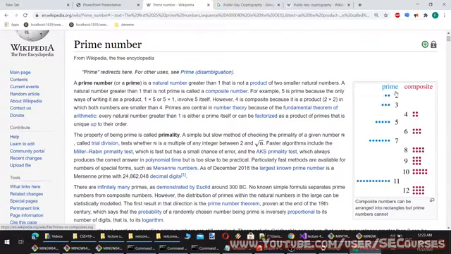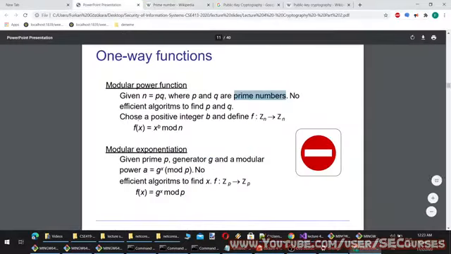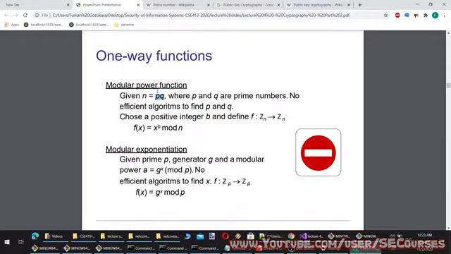So prime numbers are 2, 3. 4 is not prime because it is the product of 2 and 2. 5 is prime, 6 is not because it is the product of 3 and 2, and 7 is prime. 8, 9, 10 are not prime, and 11 is prime. So if n is the product of p and q, there can be only one p and q because they are both prime numbers.